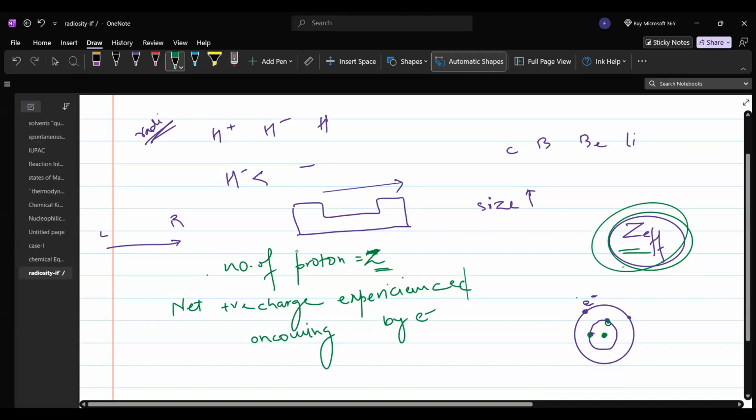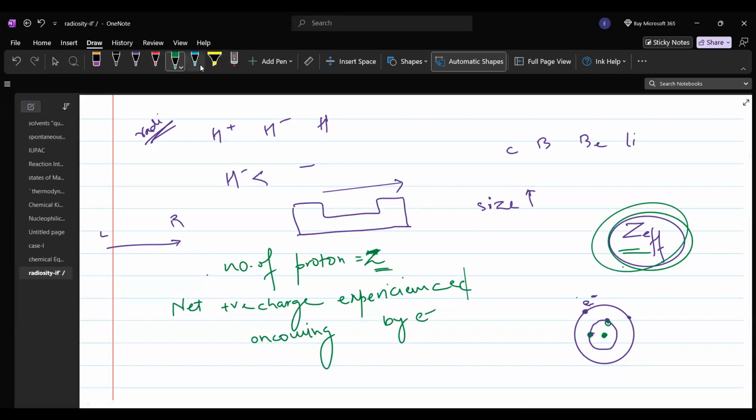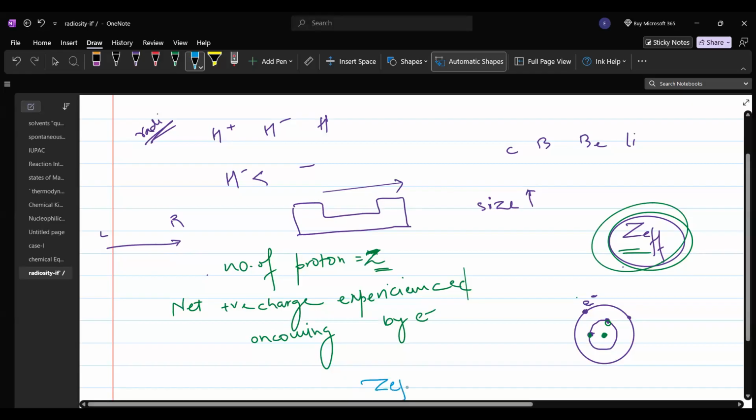So see the trend which we are talking about, that's the most important thing here. As we move from left to right, what is happening? I'm saying that as we are moving left to right, Z effective is increasing.